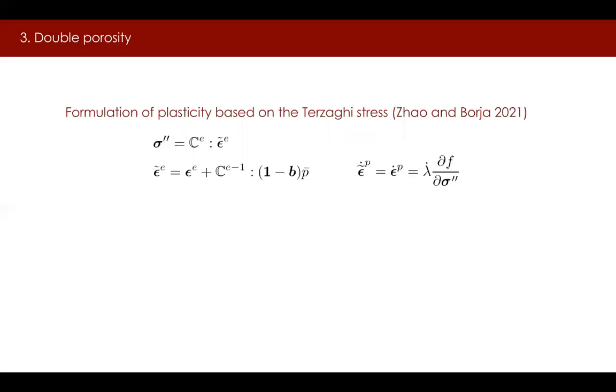In the limit of incompressible solid grains, the two elastic strains become identical, and there is no difference between the Biot and Terzaghi effective stresses. With the alternative strain, classical formulations and algorithms in elastoplasticity may be employed with very little modification.